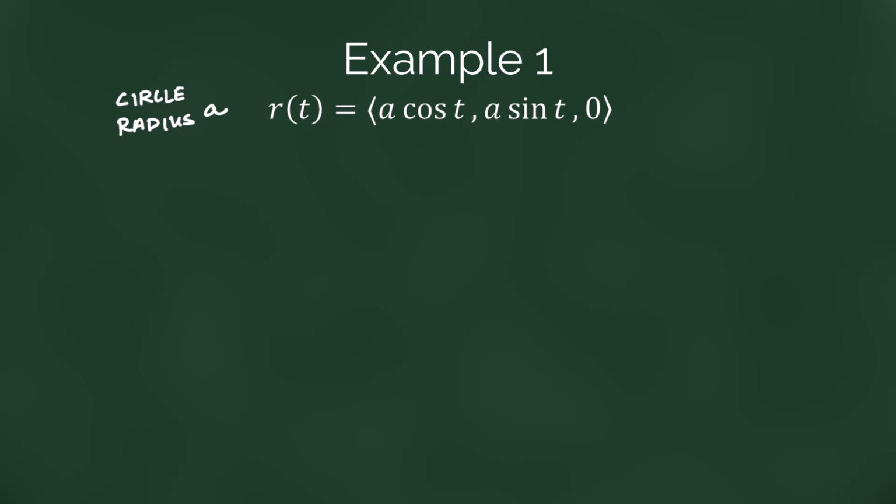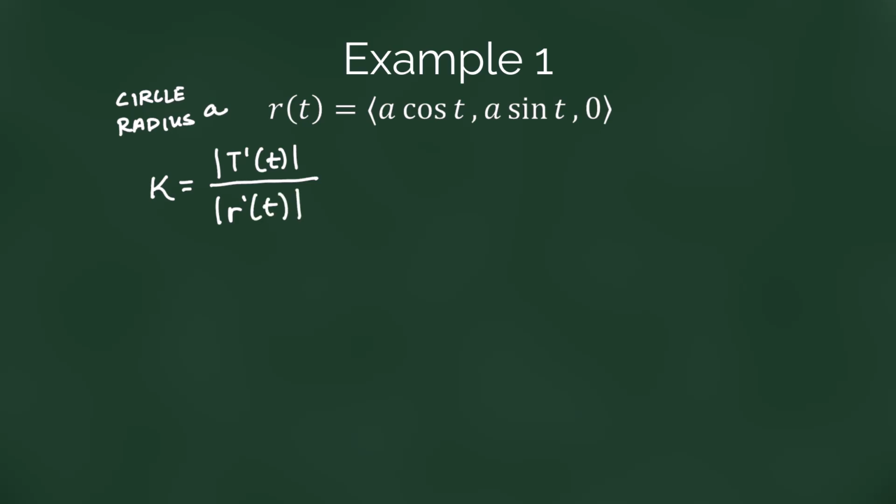So hopefully when we come up with the formula for this curvature, we'll see that reflected in that formula. We're going to use the formula that kappa is going to be the magnitude of T prime of t divided by the magnitude of r prime of t.